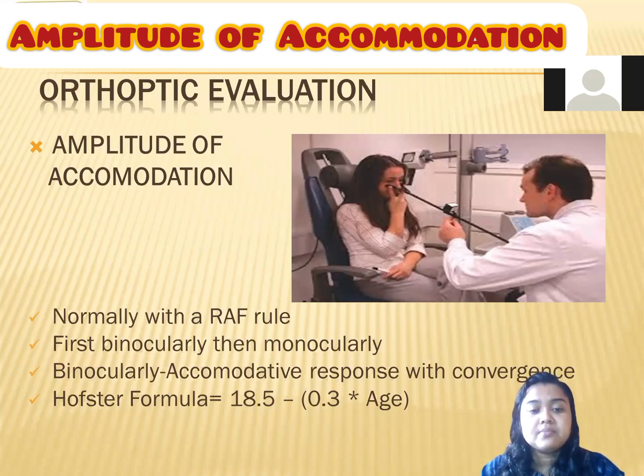That means 0.3 into 10. Suppose the child's age is 10 years. So 0.3 into 10 is 3. So the amplitude of accommodation should be 18.5 minus 3, which means it should be around 15.5.